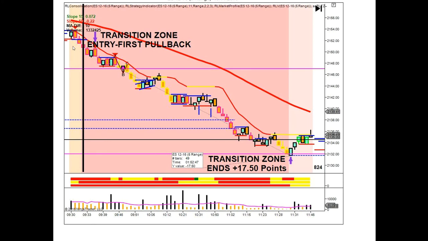And the transition zone is the movement from no background bias color to some of the weaker background bias colors to dark pink or to dark green, telling you that the two higher time frames on your trading chart, no matter what your chart is, whether it's a 377 tick, whether it's a 3-minute, whether it's a Renko, whether it's a range, the indicator automatically calculates the two higher time frames. And it tells you those two higher time frames have come into alignment.